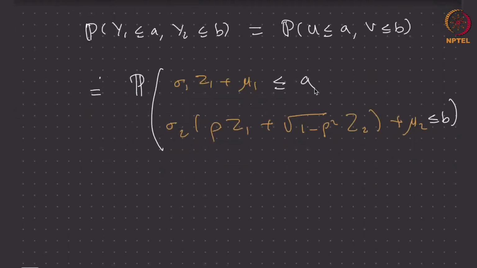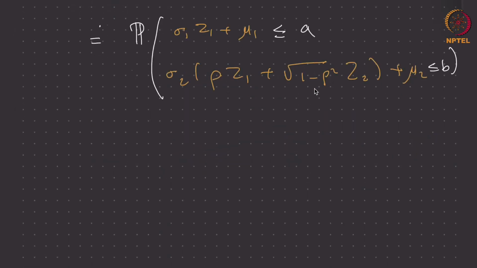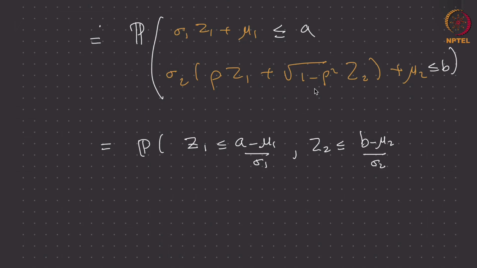And if you just follow the calculation properly, you will get that this is the same as the probability that z1 is less than or equal to a minus mu1 by sigma 1, and z2 is less than or equal to what we had before, that is b minus mu2 by sigma 2 times sigma 2 times rho 1 minus rho squared plus the other factor, that is the plus or minus, let's say I put minus, minus rho times z1 by rho 1 minus rho squared, right? This is what we have.